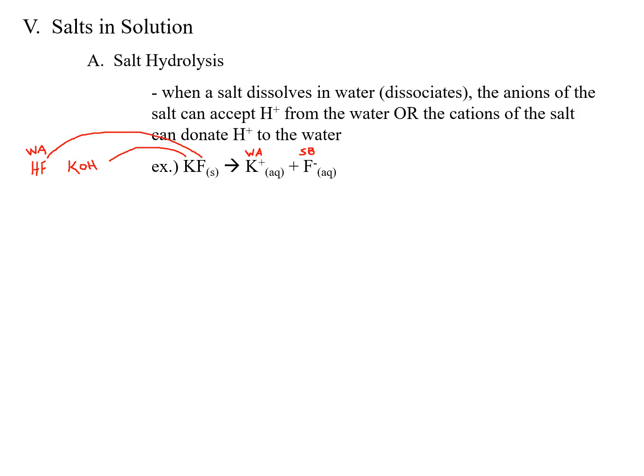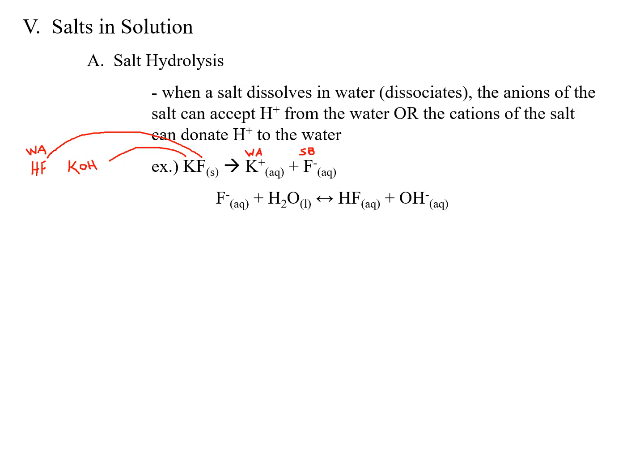How would it affect the pH? If you take F negative and put it into water, F negative, being a strong base, is going to attract H positive. It's going to accept H positives from the water, and it's going to start to form OH negatives in the water.